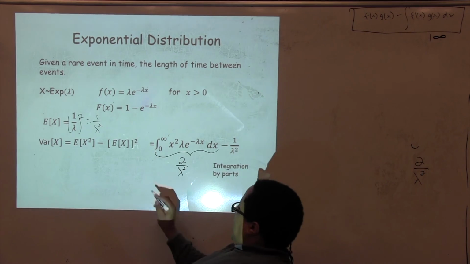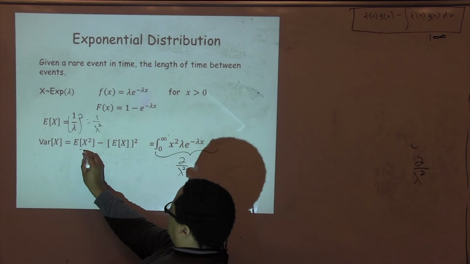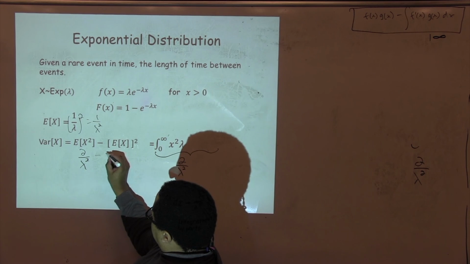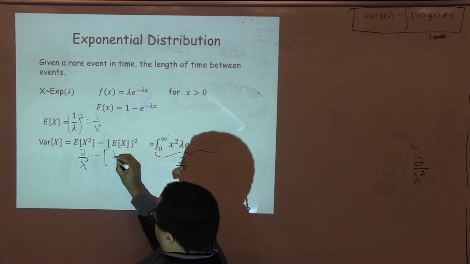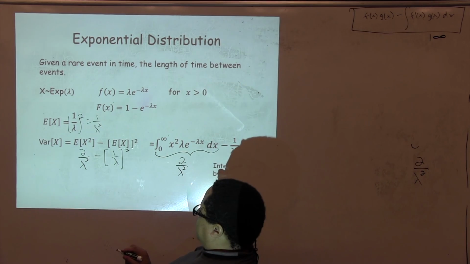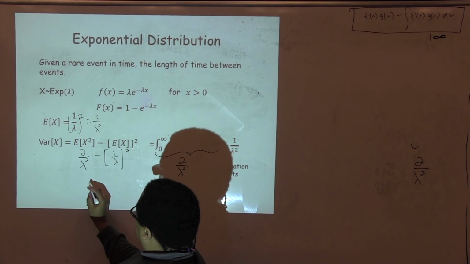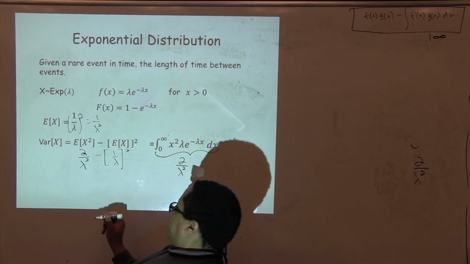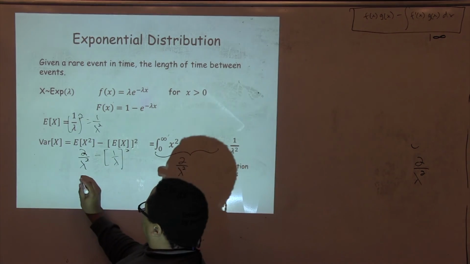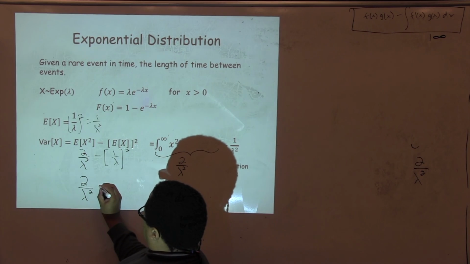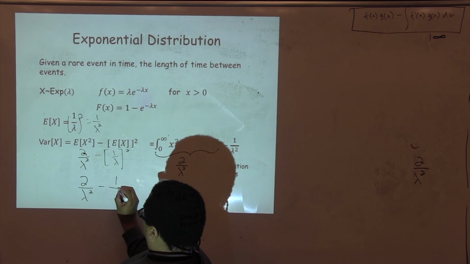So we have here, for E of X squared, that's 2 over lambda squared minus 1 over lambda quantity squared, right? Because of the variance equation. So if we were to simplify this, that is 2 over lambda squared minus 1 over lambda squared.